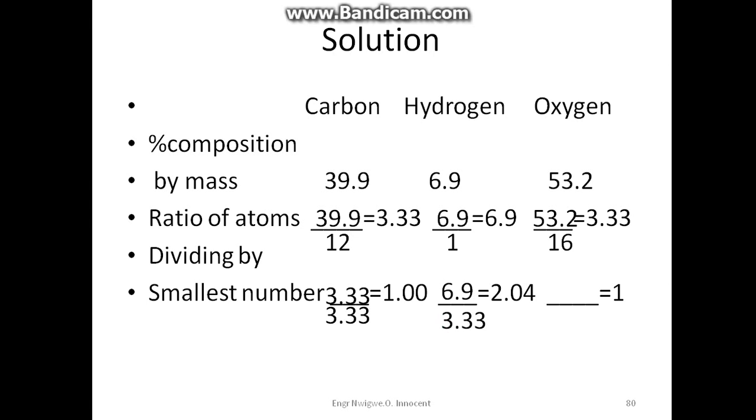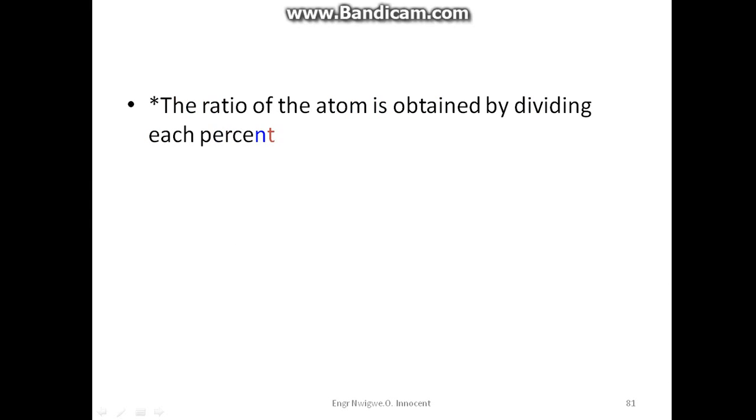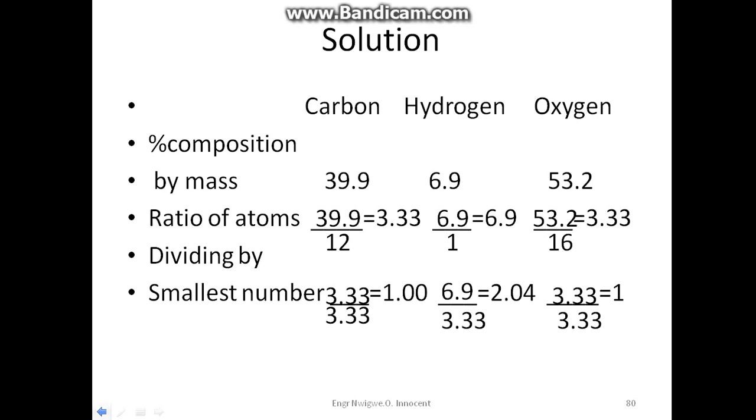For oxygen, 3.33 divided by 3.33 also gives us 1. Therefore, the ratio is 1:2:1, and the empirical formula of the compound is CH2O.